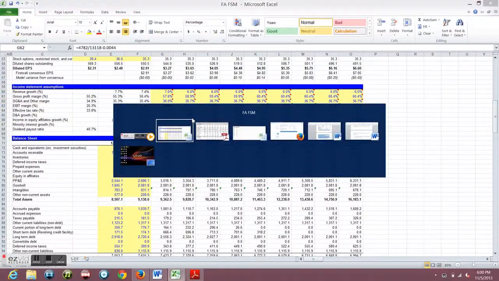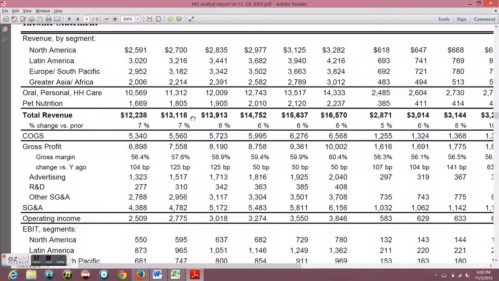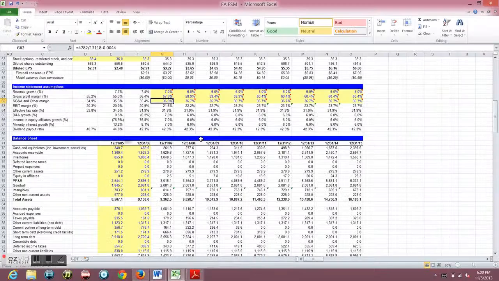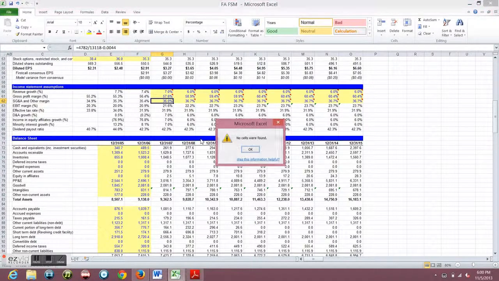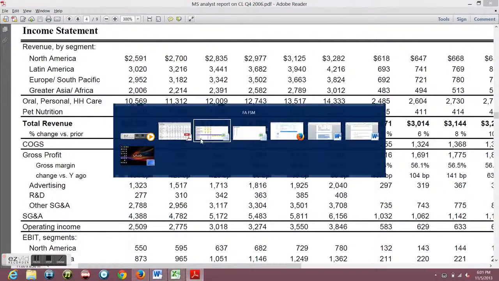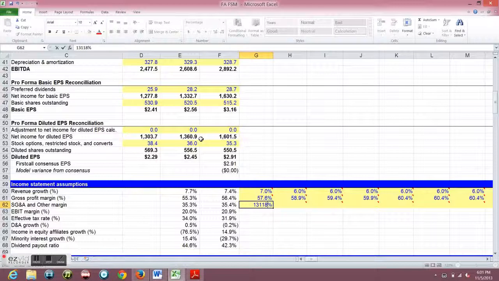So what we're going to do is 4782 divided by our revenue, which is 13,118. Then we're going to do minus 0.0044, and it's so minute that it really doesn't make any difference.